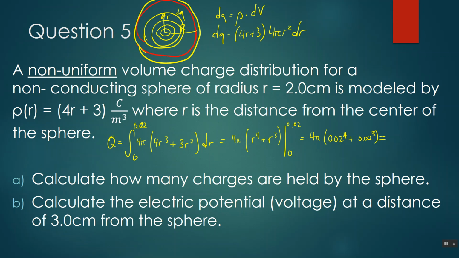Times pi, you said? Could you multiply the pi in just so I can have a number? So essentially 1 if we're doing sig figs. To the minus 4 or minus 3? Cool. Okay. Yeah, so then to find a number of charges, I would divide this by 1.6 times 10 to the negative 19 coulombs per charge. I'm not going to do it, but you should do it.